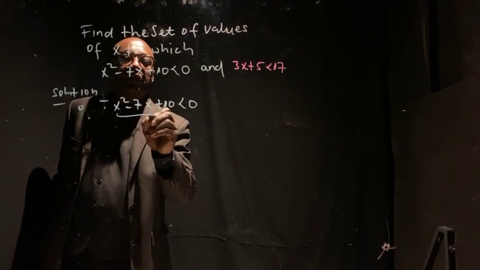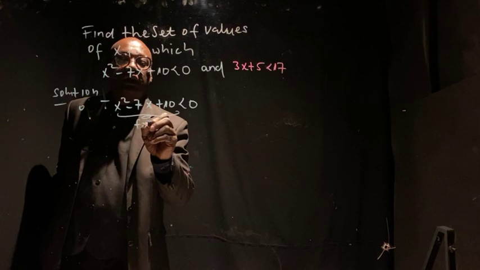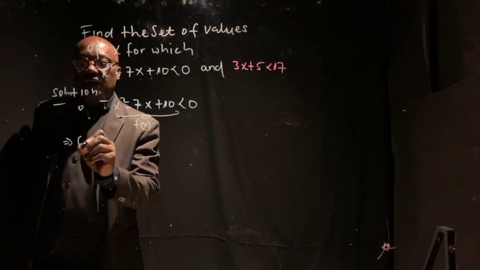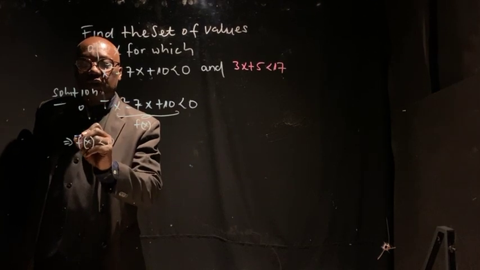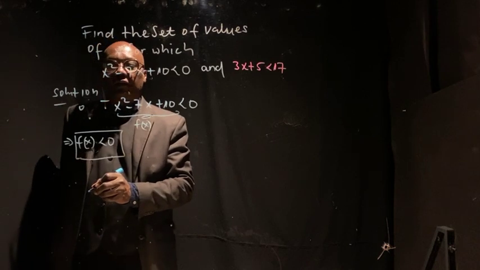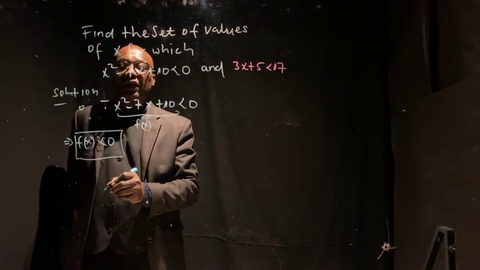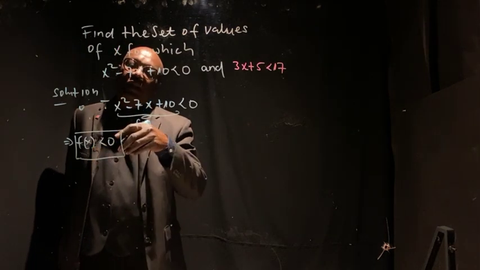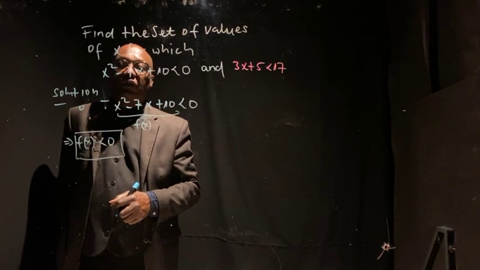We know that this one is equal to f of x, which indicates that f of x is less than 0, which is very important. f of x less than 0 means that the values of x below the x-axis are the values that we are looking for.